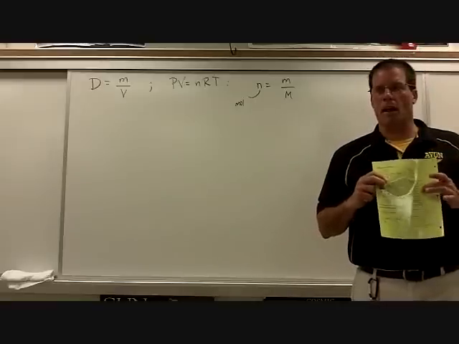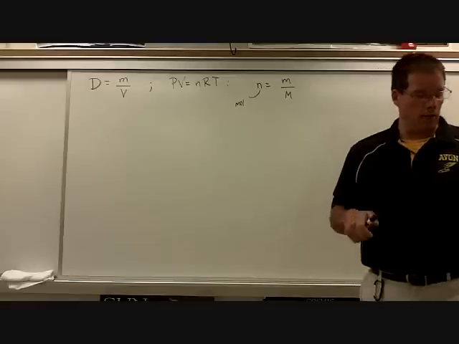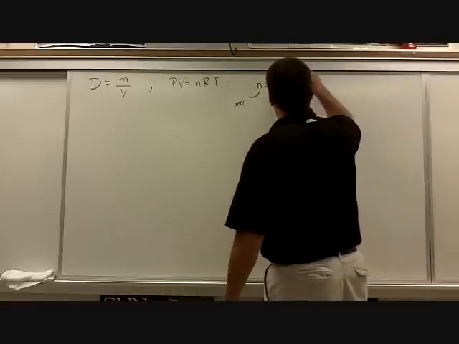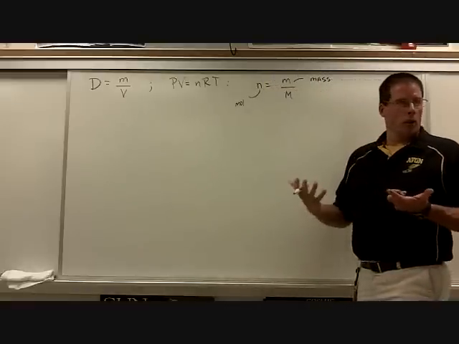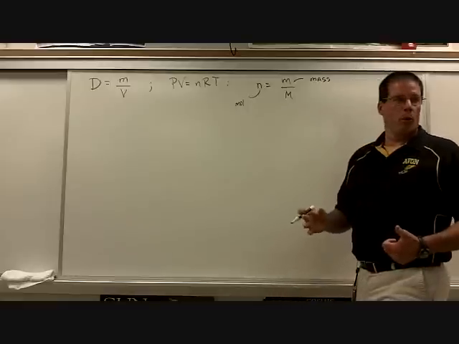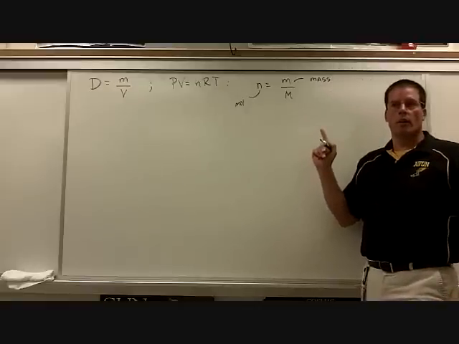Find a little m on the right-hand side. It's the variable designation. Mass, very good. So the little m in this case represents mass. It will represent molality later on when we work with solutions like freezing point depression, boiling point elevation, all that fun stuff.